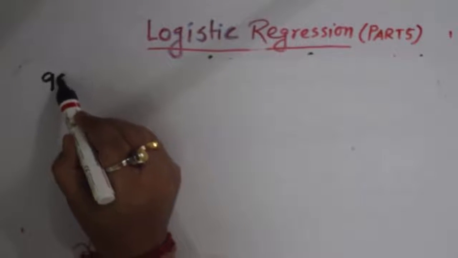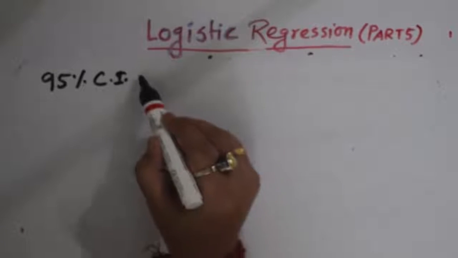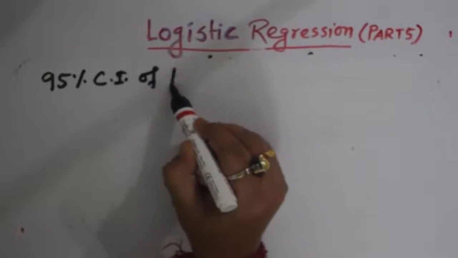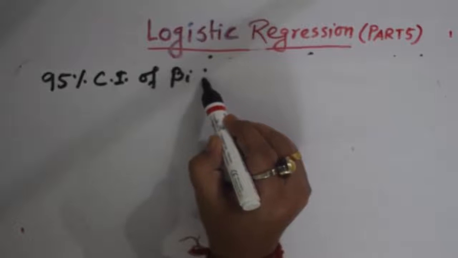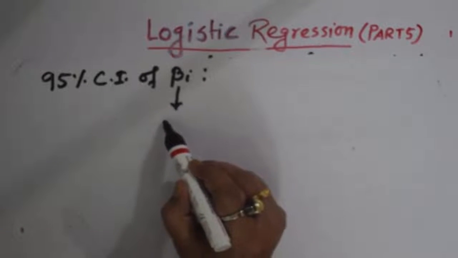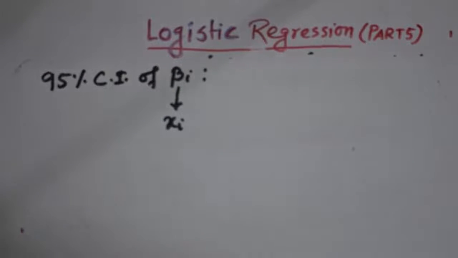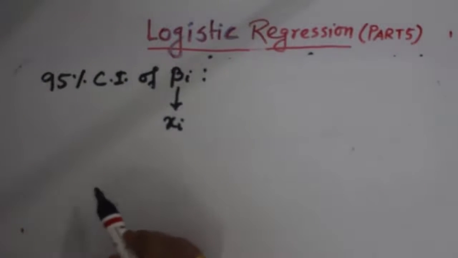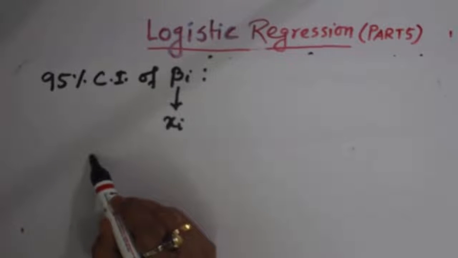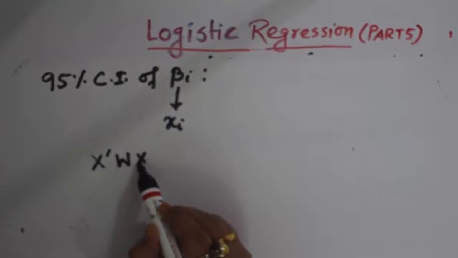95% confidence interval of beta i, where beta i is corresponding to the ith explanatory variable. Recall the dispersion matrix X prime WX inverse.